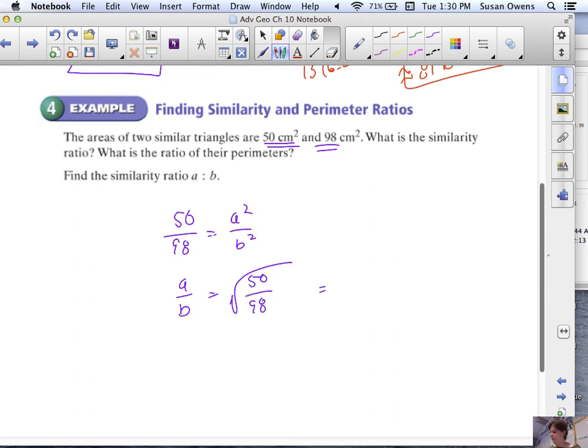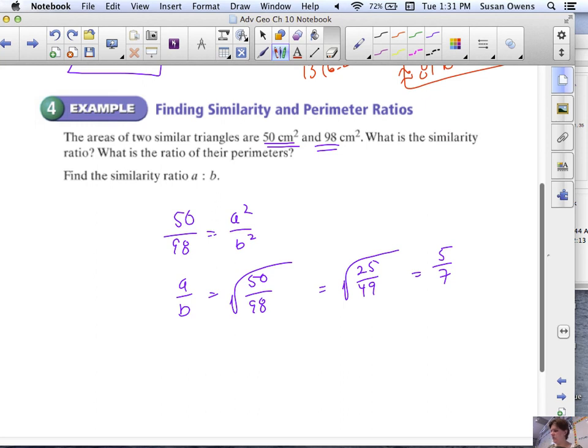We don't want to leave it like that. We want to simplify wherever possible. So the first thing I notice is they both divide by 2. So I can actually make this 25 over 49, which makes this really nice because now I can actually do the square root of the numerator and denominator, so that's 5 over 7. So what's the similarity ratio?